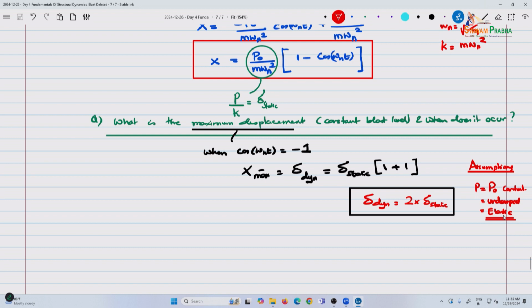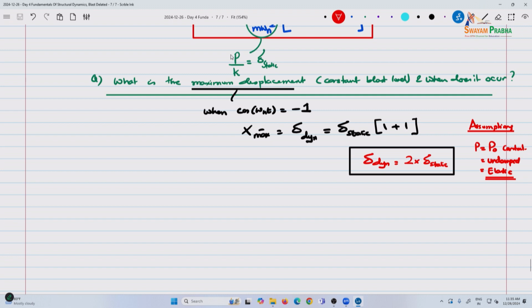So, that is the first lesson to be kept in mind, that the dynamic displacement is approximately 2 times static displacement, and you can always calculate the static displacement.